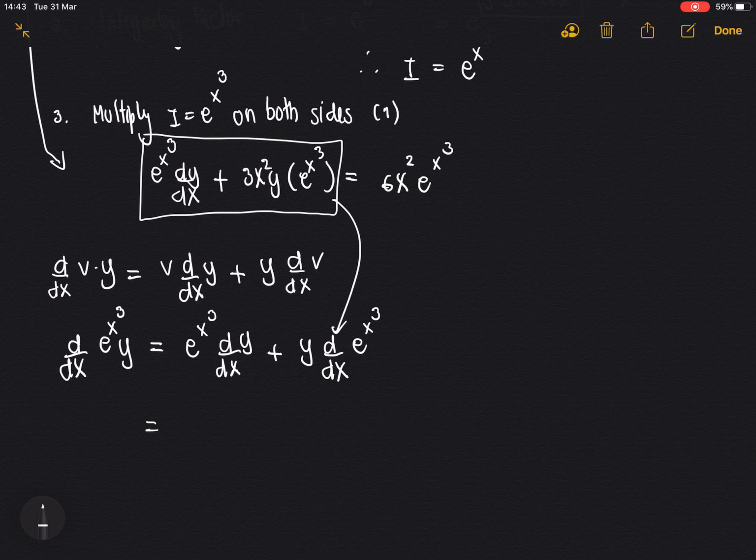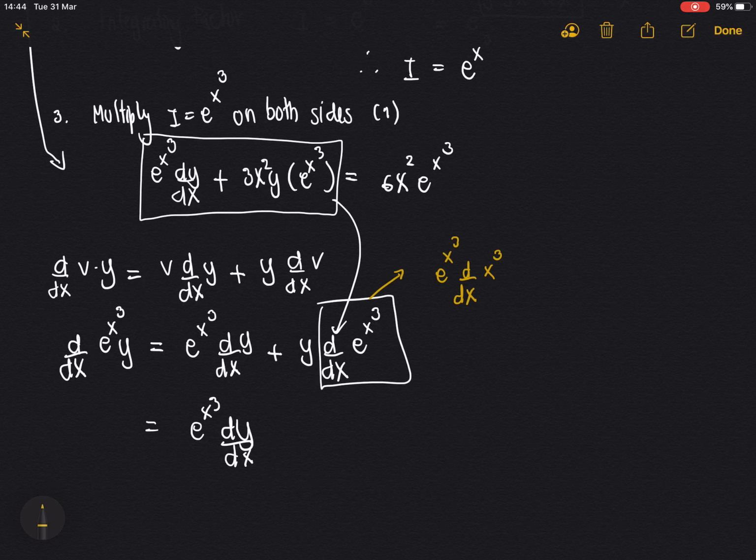So the first term becomes the integrating factor multiplied with dy by dx, which is the same as what we have inside the box. Then we have to find the differentiation of that exponential term. The differentiation of the exponential function is the exponential function itself, multiplied by the derivative of its exponent, which is x cubed.